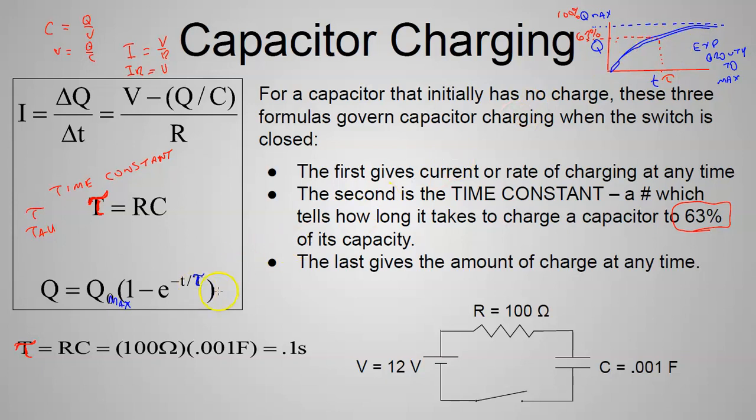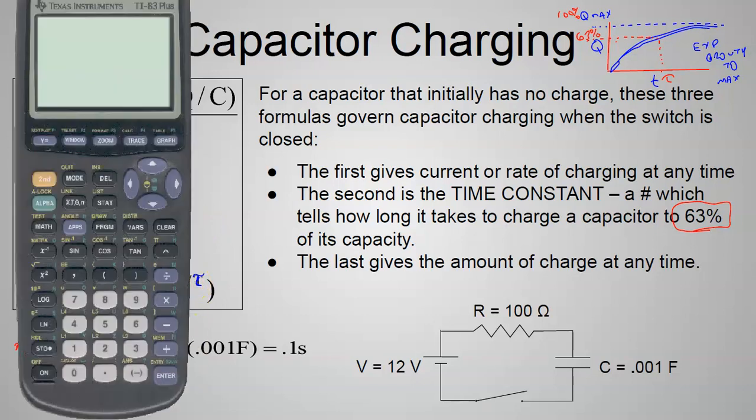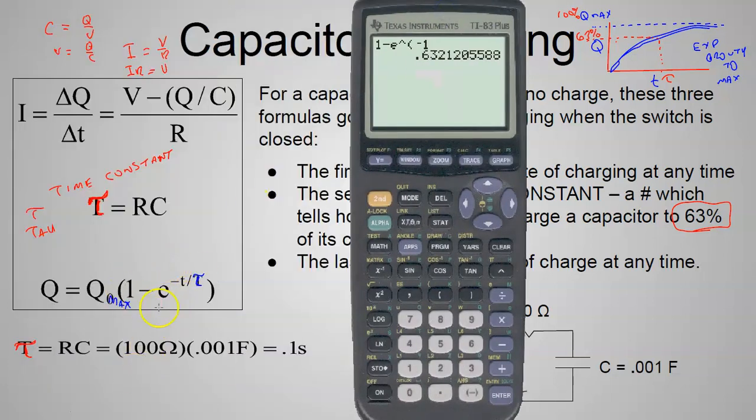You say, well, shoot, what's up with the 63%? Checking this formula right here. If I just put in 1 minus e to the negative 1, look what you get. 1 minus e to the negative 1. There's my 63%. So that 63% is what you get here when the time is equal to 1 tau.